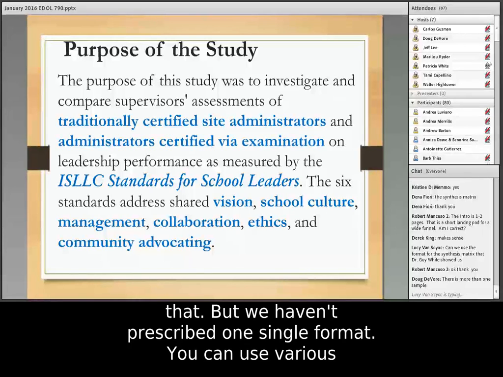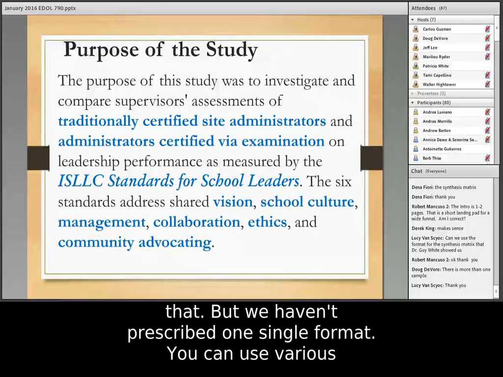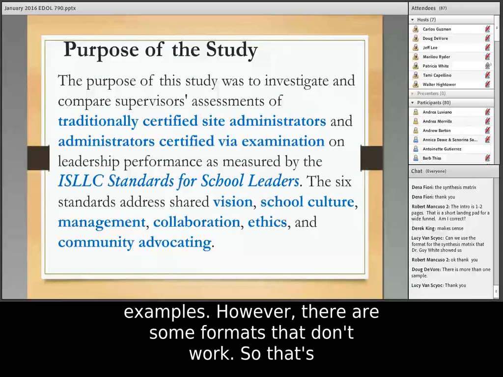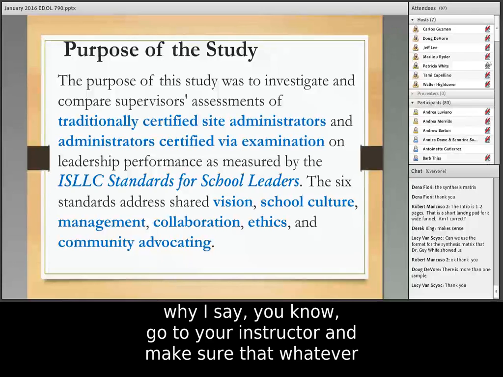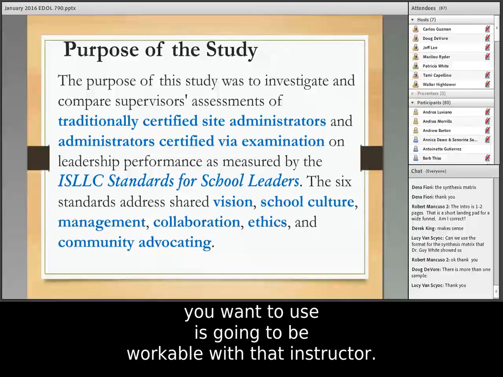But we haven't prescribed one single format. You can use various examples. However, there are some formats that don't work. So that's why I say go to your instructor and make sure that whatever you want to use is going to be workable with that instructor.